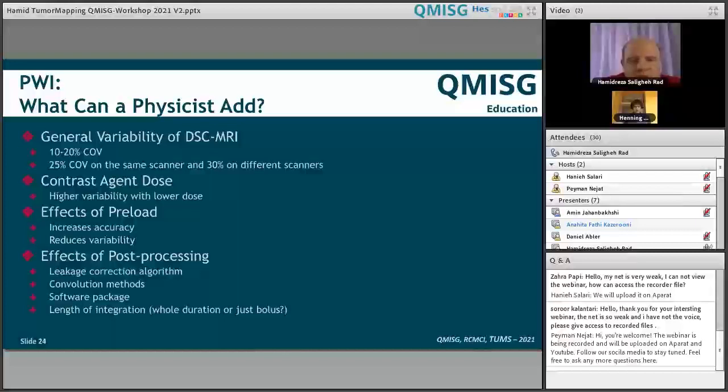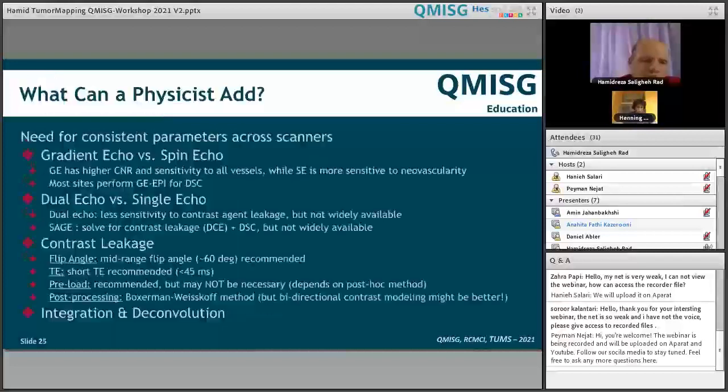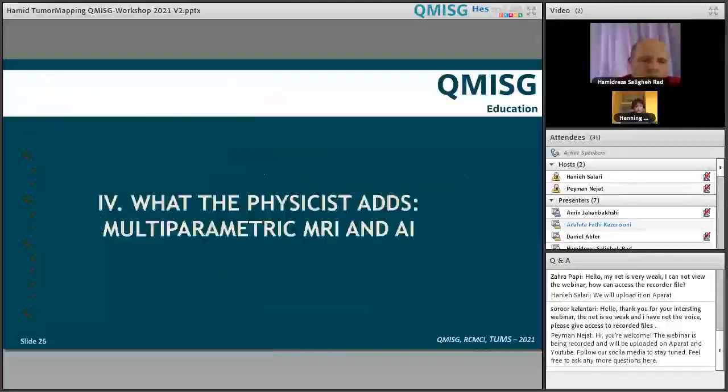But on the second step, when we need to extract and estimate the appropriate parameters correlated with the tissue type and also tumor grade, a physicist today can do a lot in the research centers or in the clinic.